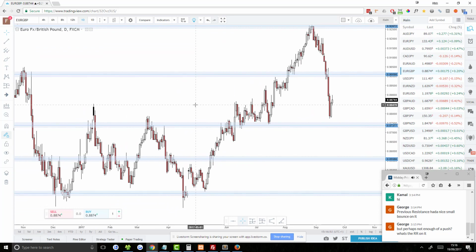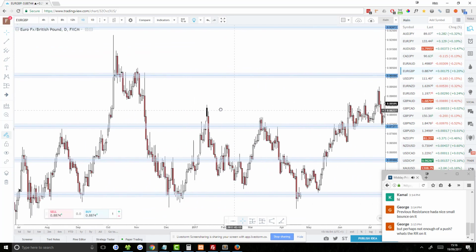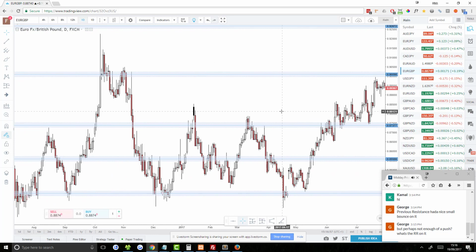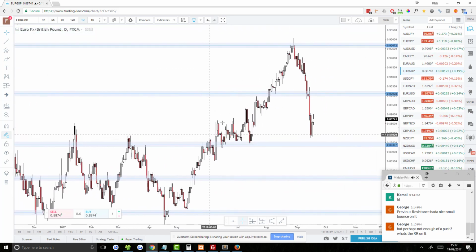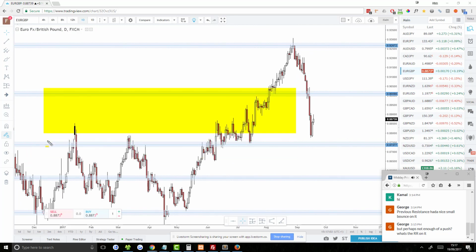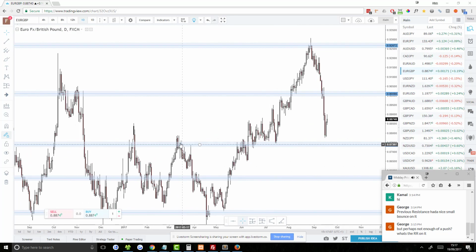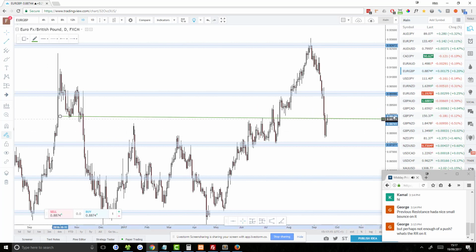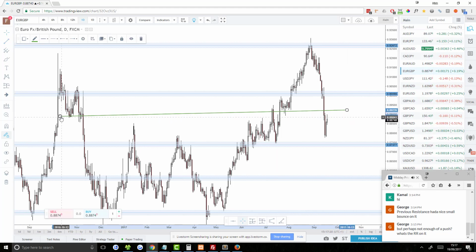You could say there's resistance here currently, but it's such a weird area on EURJPY. This whole area here, it's really hard to get good support resistance on this. It's hard to figure out where it sits, because you could argue that there's a resistance area here, support resistance area, or maybe a tad higher.